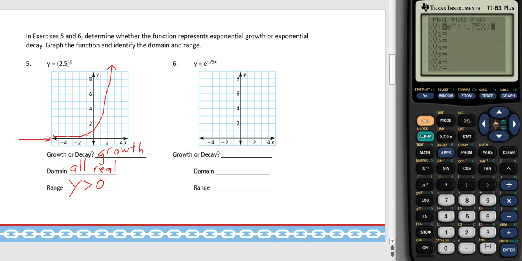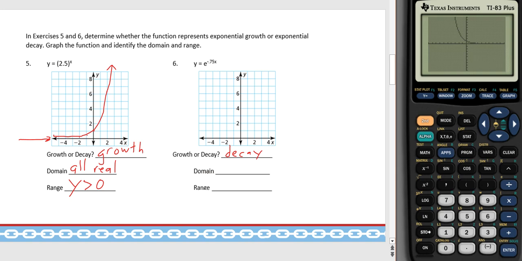And as I'm typing that in, I see that negative value up there, and I should be thinking, man, what does that do to my graph? When I hit graph, I see that it makes it come in from positive infinity, and we see some exponential decay, which makes sense because we have that negative exponent there on the base of e.